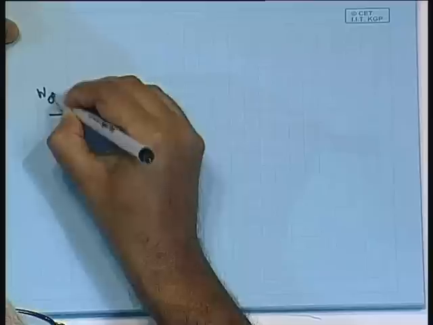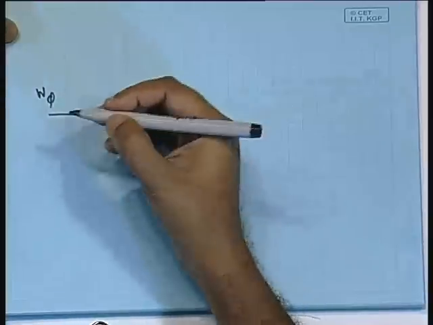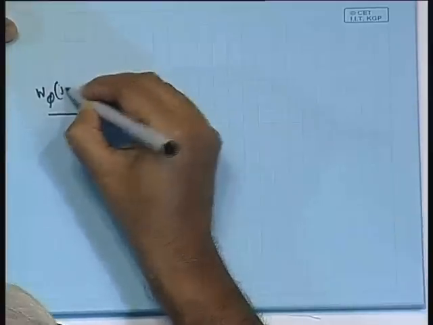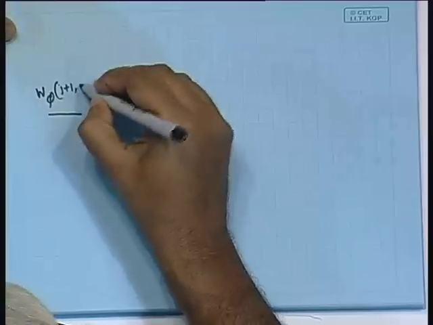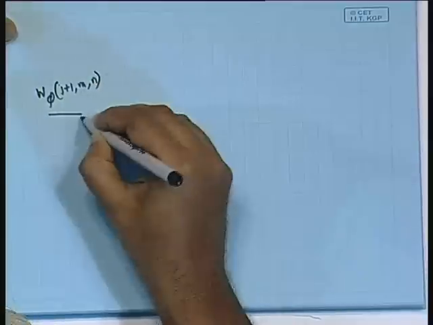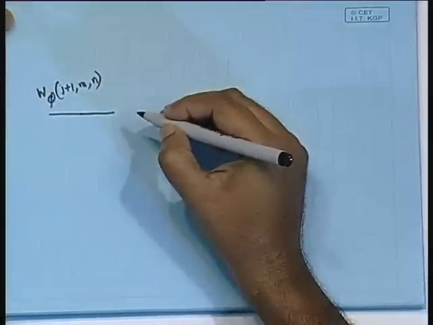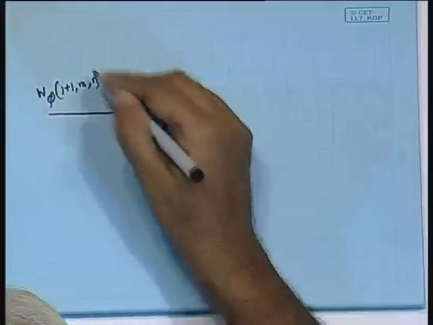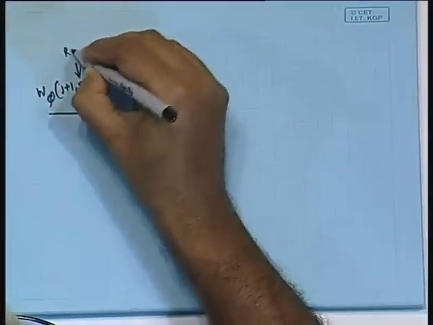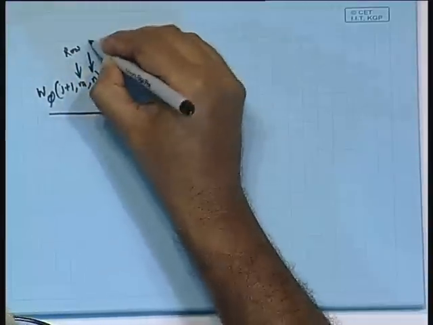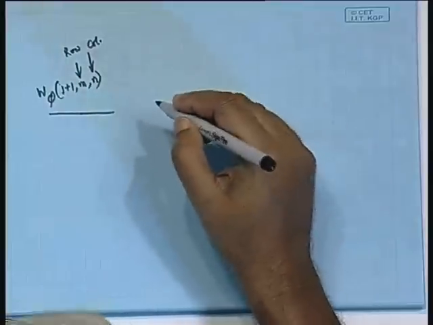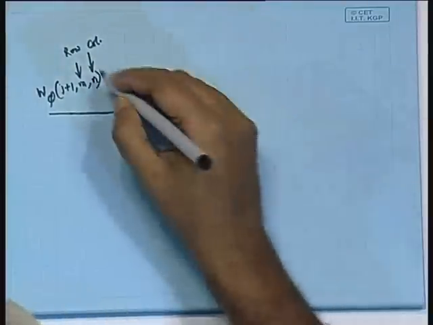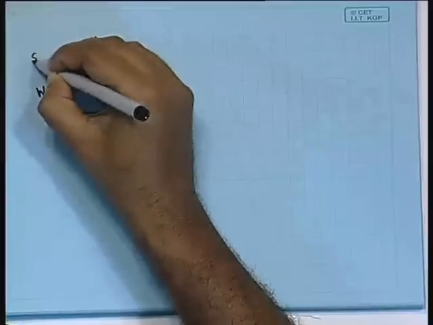In that case the filtered image we take as W phi j plus 1 with m and n, where m and n are the indices in the row and the column directions. So, m is the row index and n is the column index, and j plus 1 will be the starting scale.